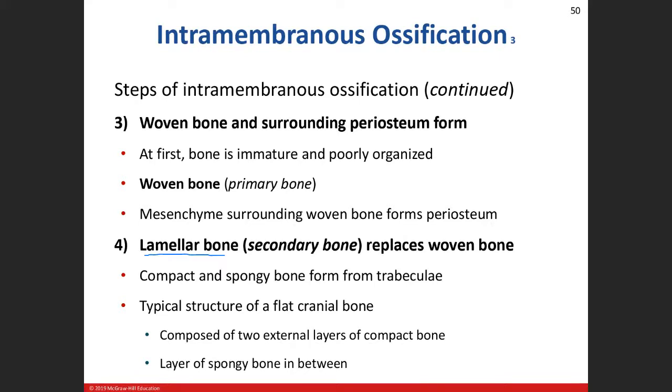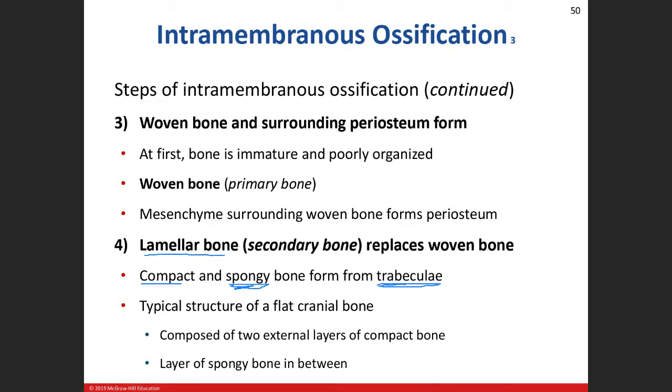Remember, this is where we're going to start to see our peanut butter sandwich. The white bread is going to be on the outside, that's the compact bone, and the peanut butter is going to be the spongy bone in the middle. We'll see 2 layers of compact bone, and in between is our spongy bone, which has those little spicules, or the trabeculae.